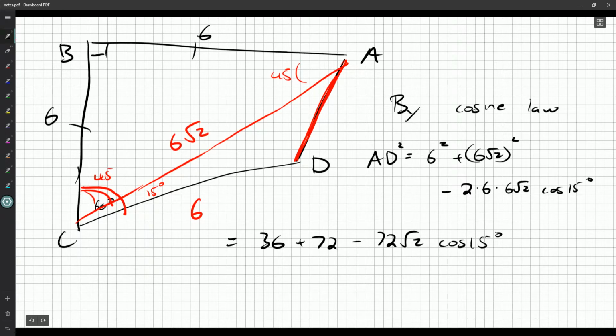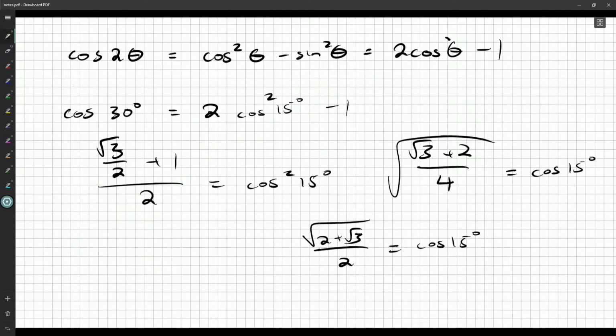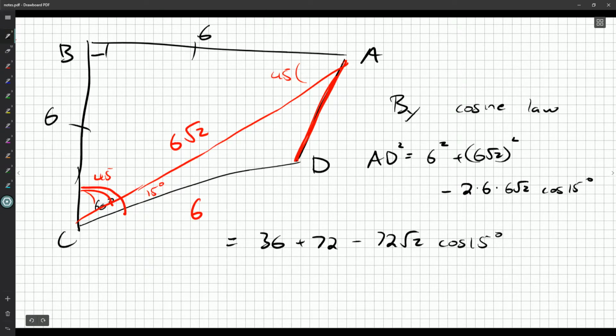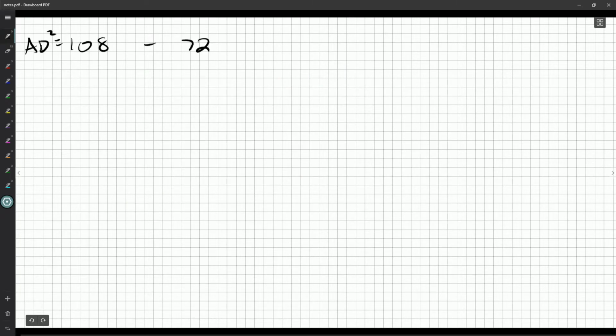So what we had, 36 plus 72 is 108. So AD squared is 108 minus 72 root 2 times square root of 2 plus root 3 over 2. Okay. Take out a factor of 36 here.